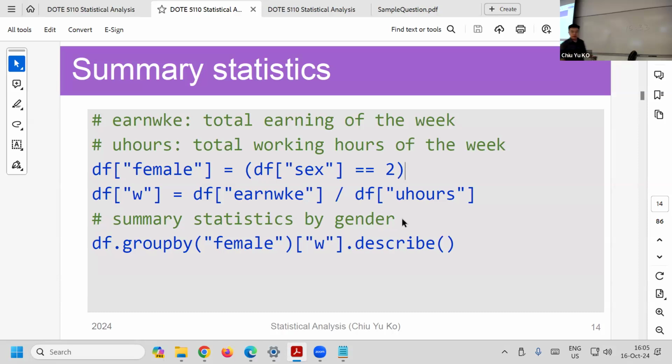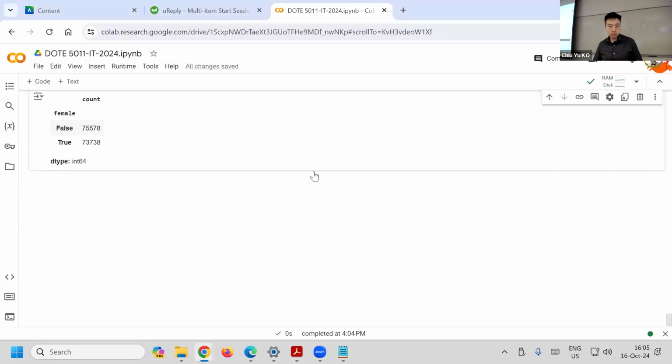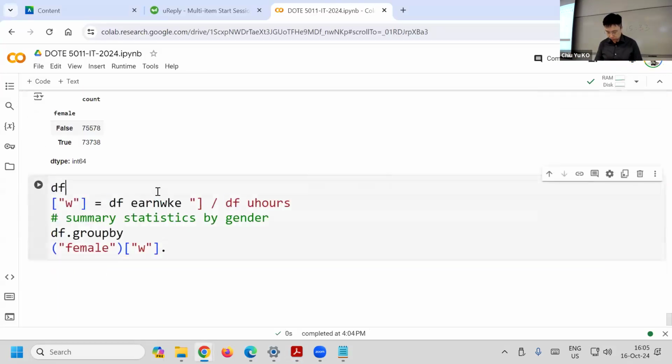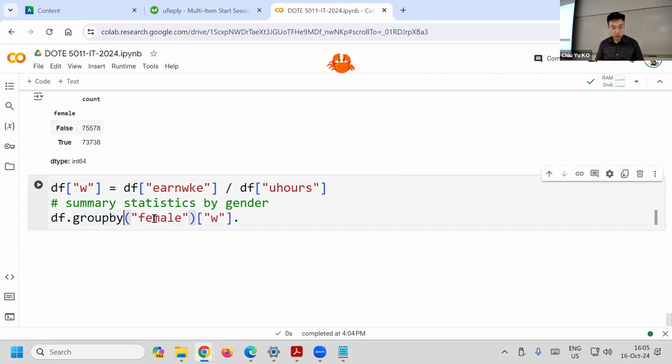So that is what I'm doing here. Sorry, for some reason I need some time to type the code, but group by, and I think describe.